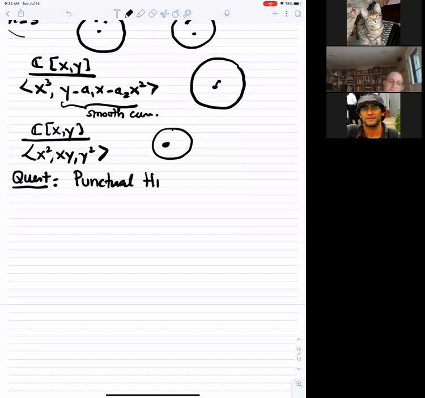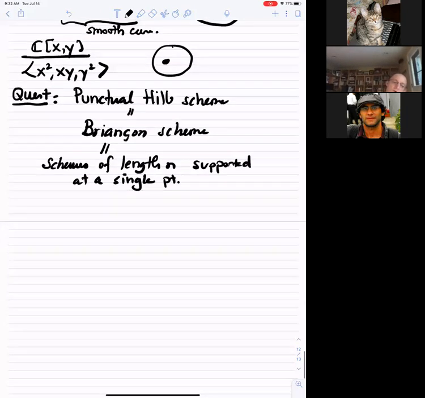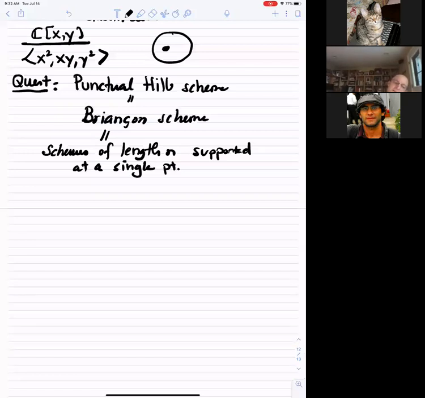Sometimes this is called the Briançon scheme. This means schemes of length n, or Hilbert polynomial n, supported at a single point. As I said, it's sometimes denoted by B_n because of Briançon.